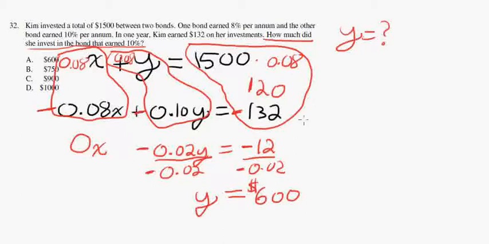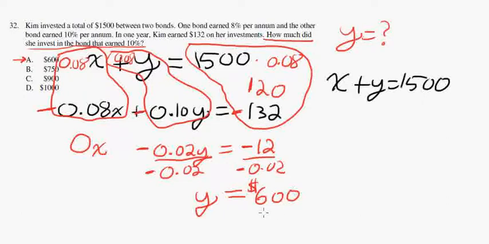There we go. Now, do we know if we've done this correctly? Well, 600 is one of the answers, but we want to make sure that we've actually done this correctly. So, let's calculate what our x investment was. The first equation said that investment x plus investment y is equal to $1,500.